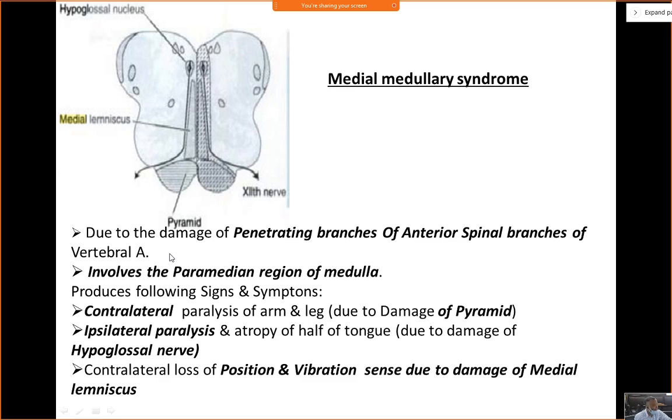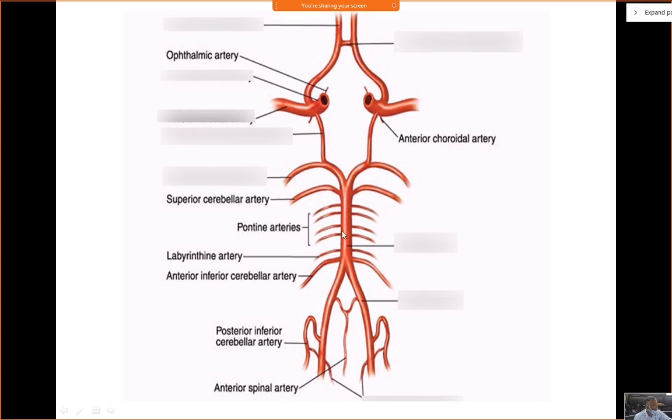So if this vertebral artery is thrombosed after giving off the posterior inferior cerebellar artery, see here, this is our posterior inferior cerebellar artery and this is our spinal artery. Now what will happen if the vertebral artery is thrombosed in this region? Then both the lateral and medial medullary syndrome will be seen in the patient. That is a composite of signs and symptoms.